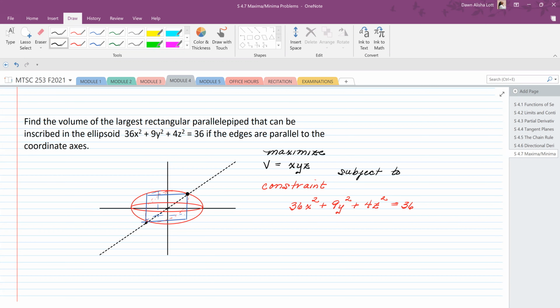Now this is a problem kind of similar to the last one, except this one is not nearly as nice.